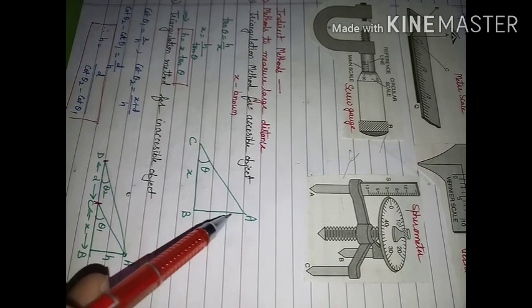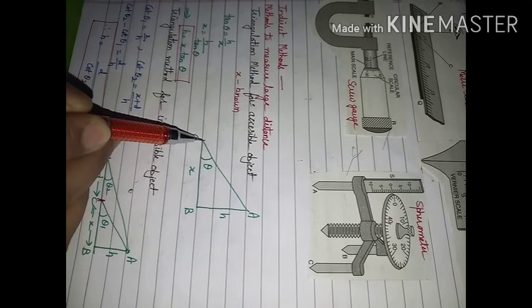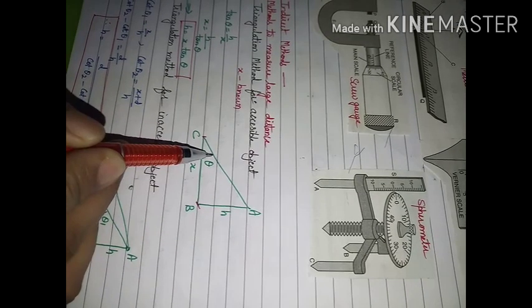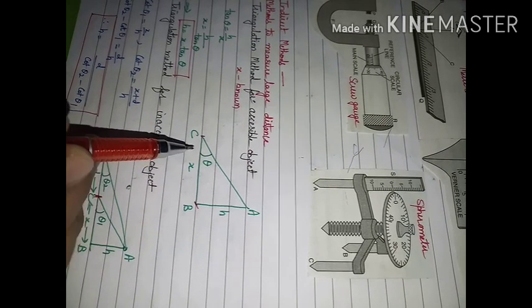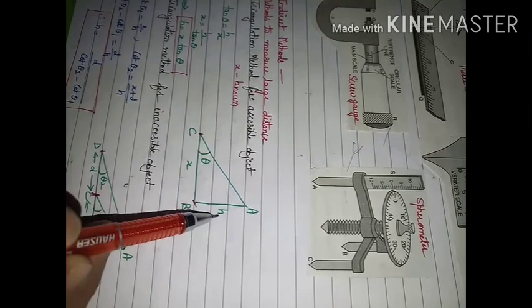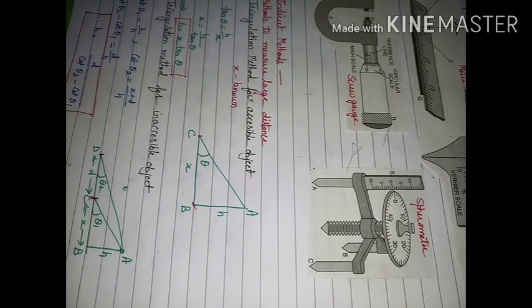If this is a tower given to us with height h and this is our position at a distance x from the base of that tower, and this angle theta is given to us, then we can make use of tangent theta. Tangent theta will be equal to h upon x. So h will be equal to x tangent theta.